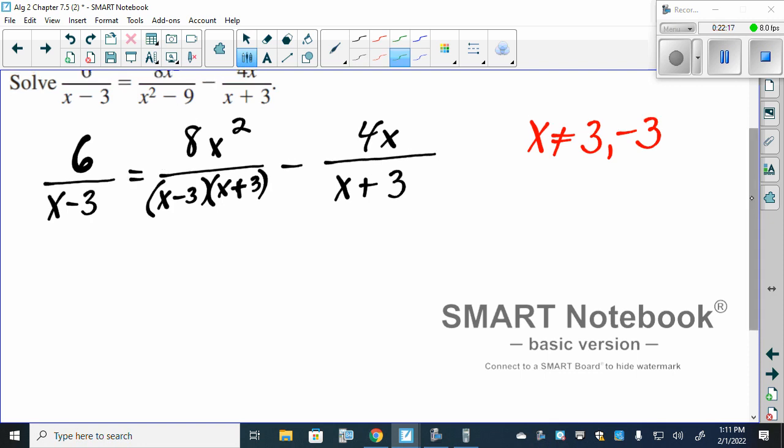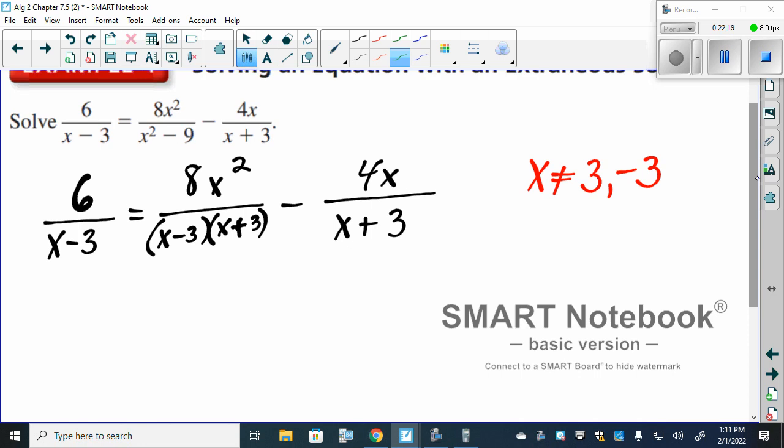So let's go on and start with solving this here. The first thing we need to do is figure out what we need to multiply each term by so that the denominators will simplify out. So what do we need? An x plus 3 and an x minus 3. We'll need both of them.